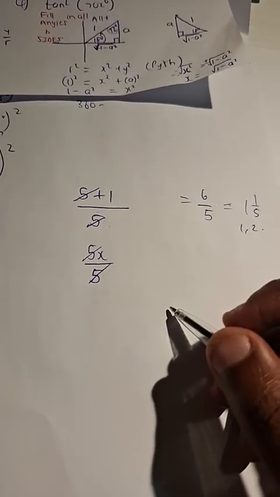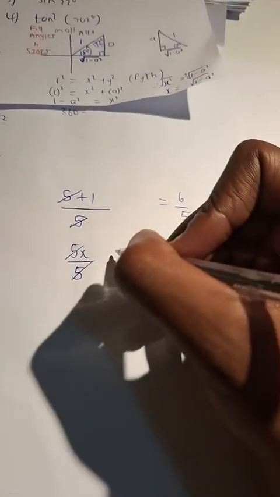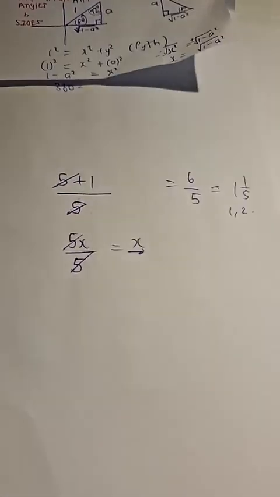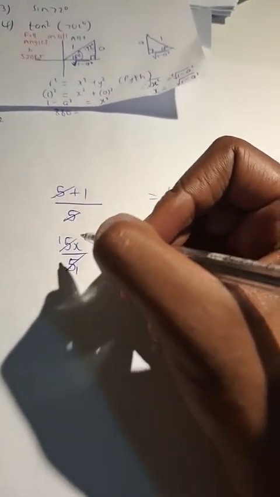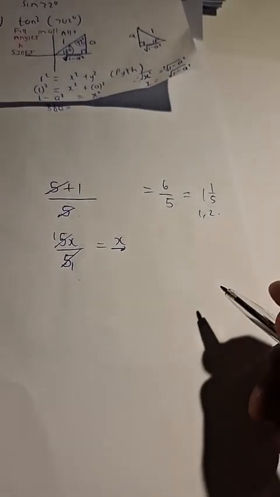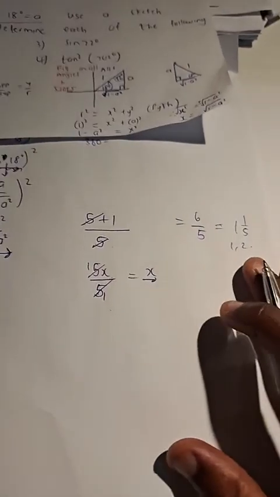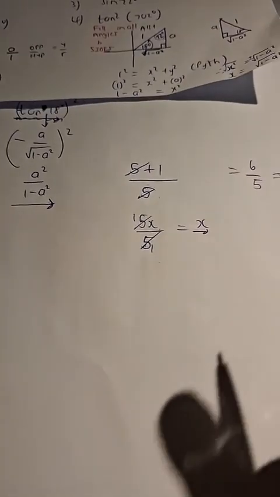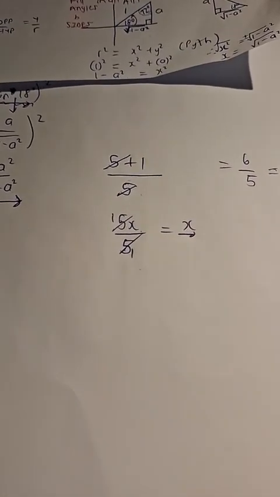Otherwise, that is going to lead to our demise. When you cancel here, you're left with 1 and 1. So this is 1x at the top divided by 1, which is equal to x. That's the absurdity of people who cancel across an addition or a subtraction sign.